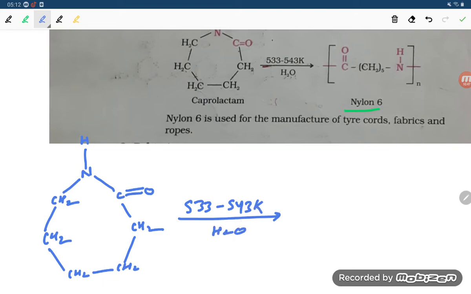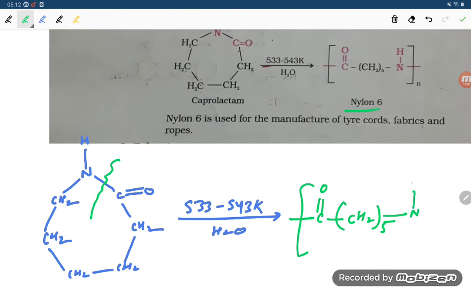Now what will happen, student, here the bond will break. If the bond breaks, here is C double bond O, and here is CH2, how many times, student? This is 5 times, and here is nitrogen, and here is hydrogen.